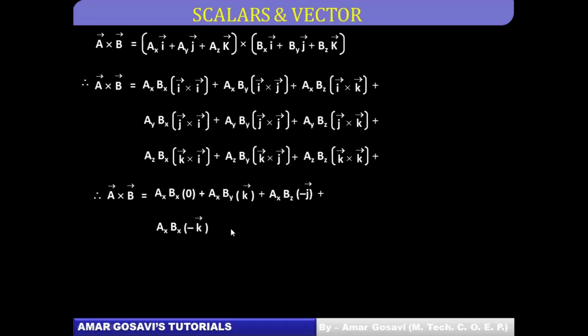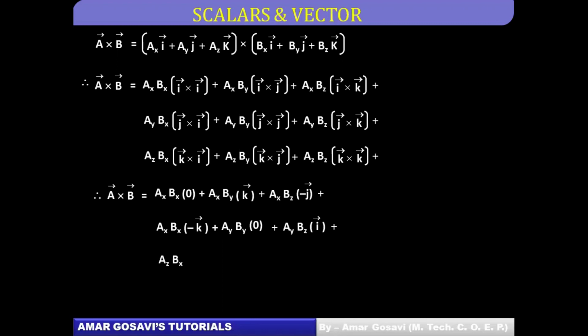Similarly, AY BY, and we all know J cross J is 0. Self cross product is 0. So 0. The next term AY BZ. J cross K would be given as I cap. I'm just replacing it as I cap.